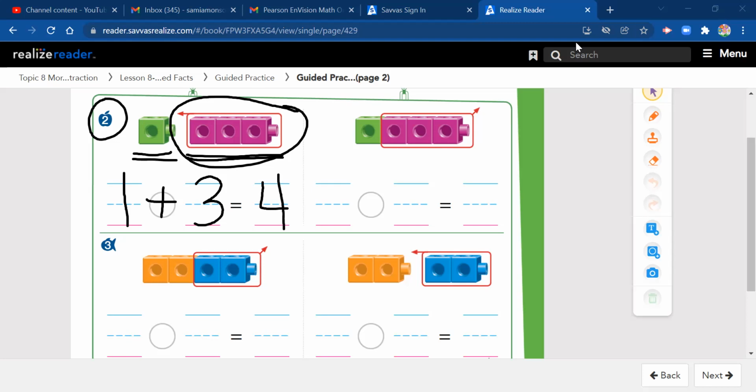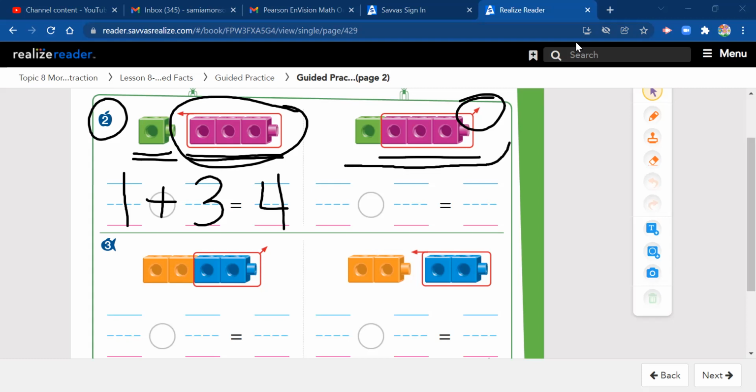All right, let's look at our next problem now. Okay. Let's look at this section here. Look at the arrow. What is this arrow telling us? Are we adding or taking away? It's going away. So that is telling us that we are taking those cubes away. So how many cubes do we have in all?